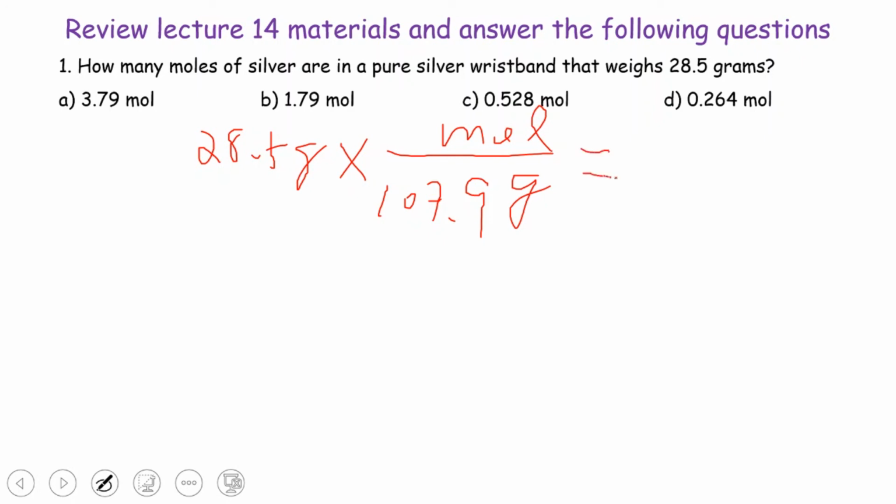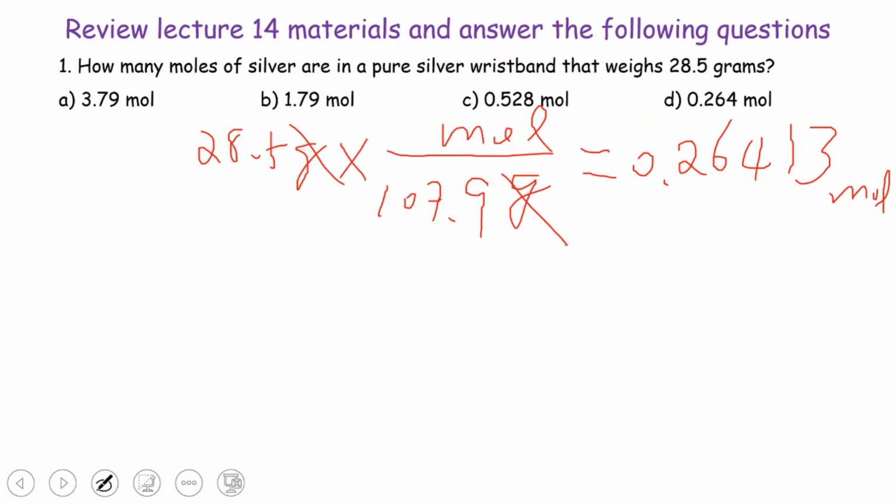And then your calculator should give you 0.26413. So that should be, of course, mole as the unit, because grams are gone.